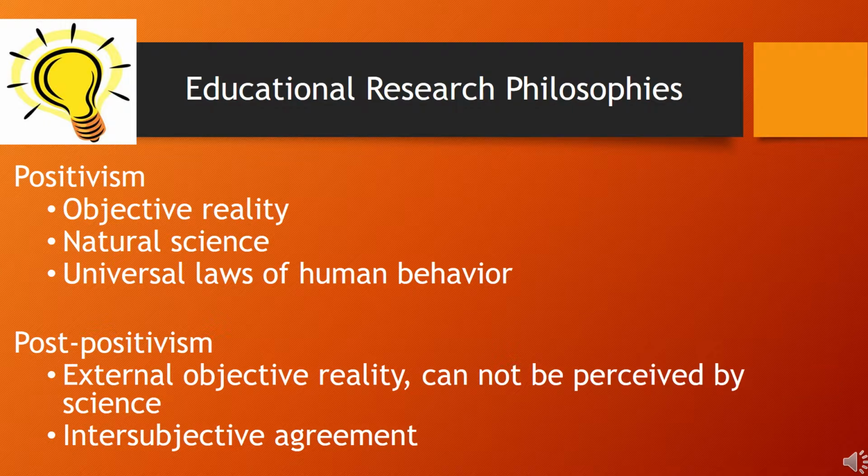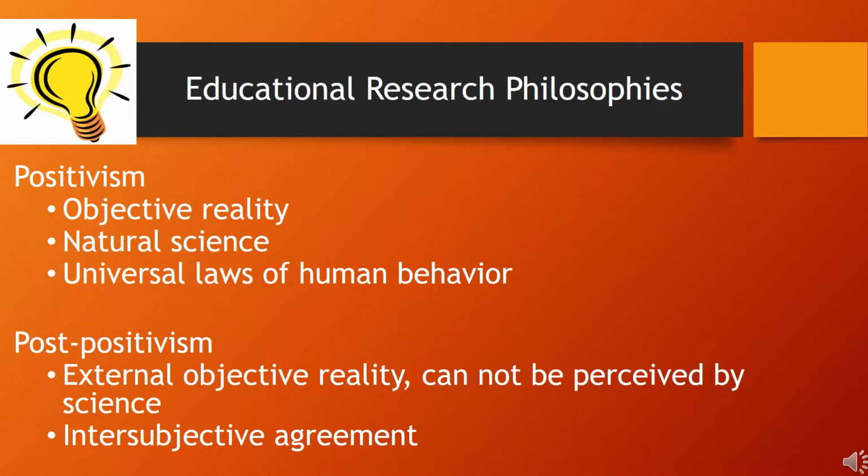Post-positivists believe there is an external objective reality, but they are very sensitive to the complexities of this reality and to the limitations of researchers. Thus, this educational philosophy does not believe we can ever be sure scientific methods allow us to perceive objective reality.